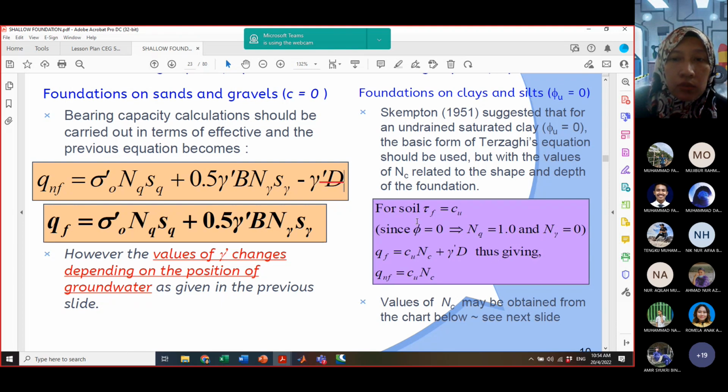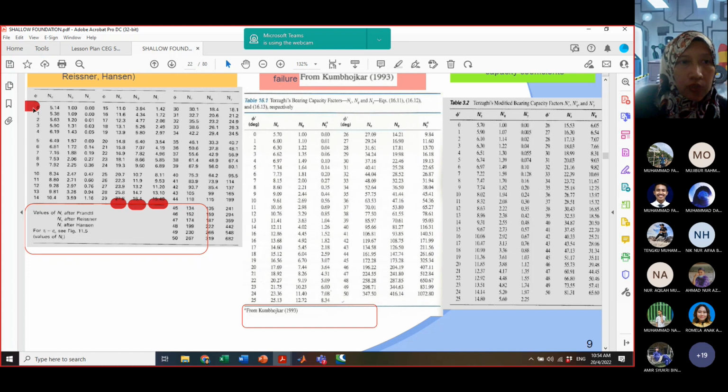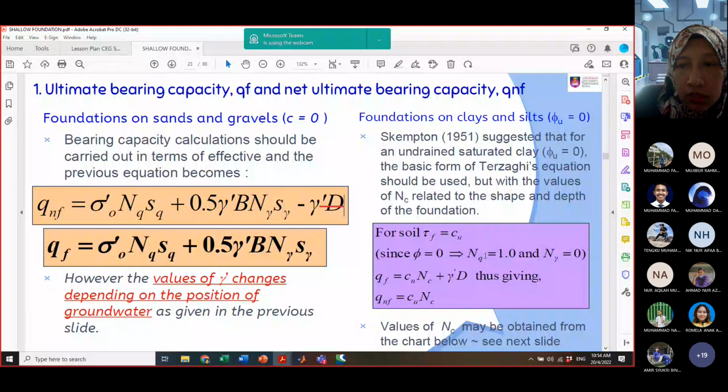Sebab dalam case tu, contohlah kita ambil phi sama dengan kosong. Kalau kita refer table sebelum ni tadi, phi sama dengan kosong, NC 5.14, NQ 1, N gamma kosong. So betul lah kan yang ditulis kat sini, NQ 1, N gamma kosong. So bila kita masuk dalam formula balik, untuk fine soil, kita akan ada CU, NC dan juga effective gamma.